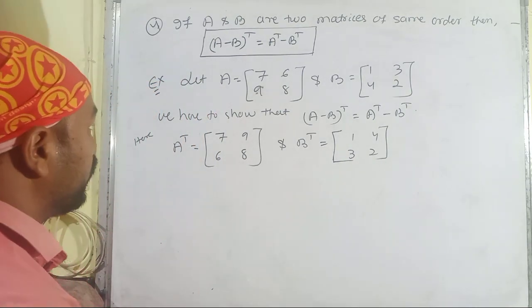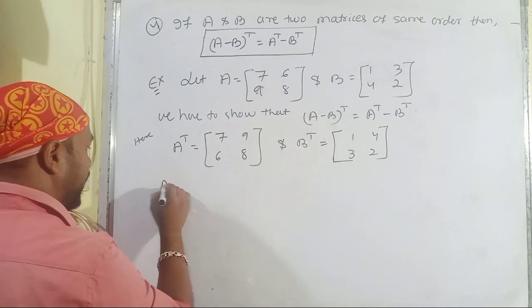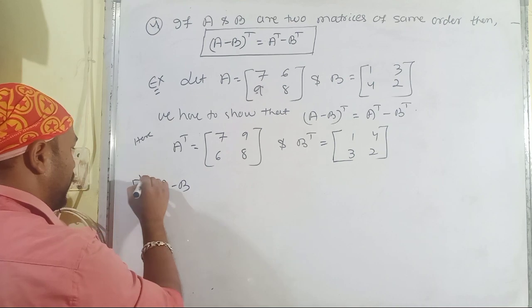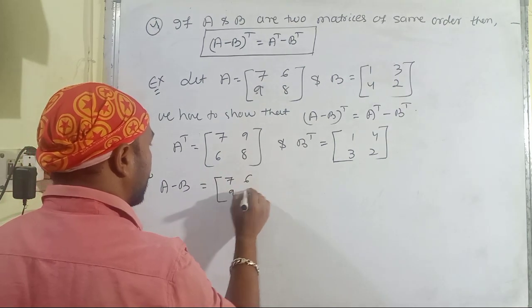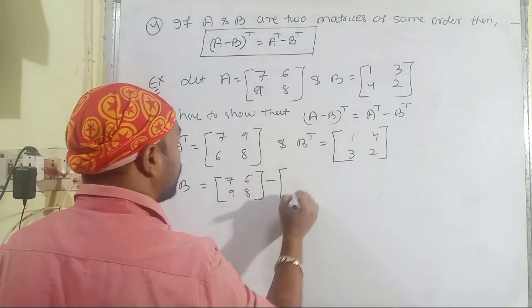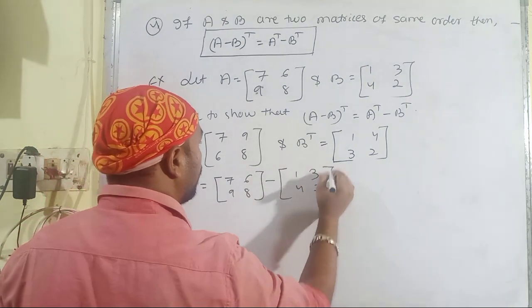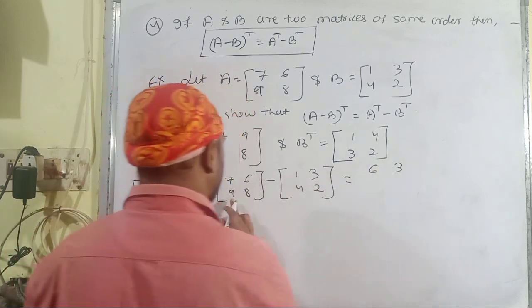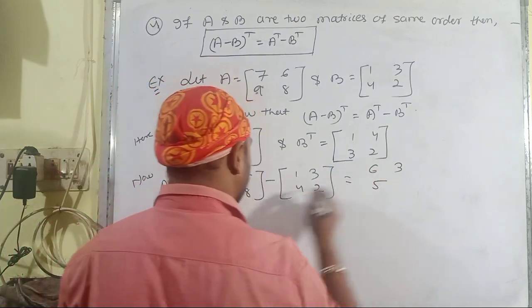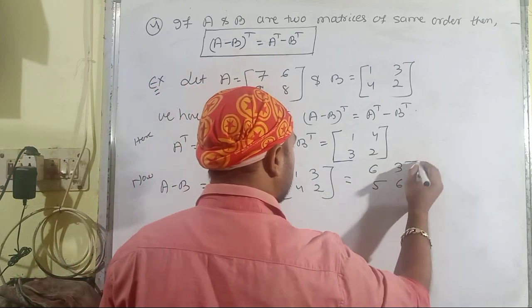Then we have to find out the subtraction of A and B. Now A minus B, it is 7, 6, 9, 8 minus 1, 3, 4, 2. It is 7 minus 1, it is 6, 6 minus 3, it is 3, 9 minus 4, it is 5, 8 minus 2, it is 6.